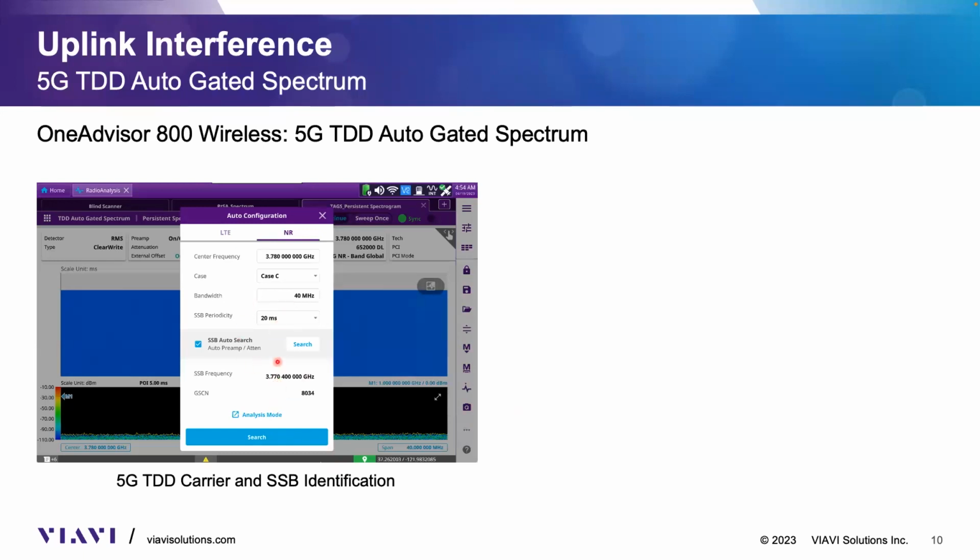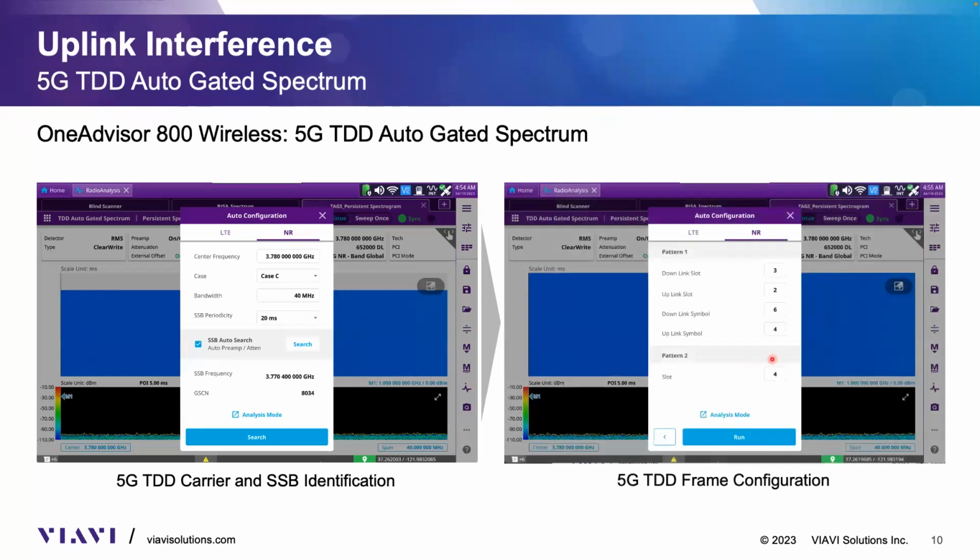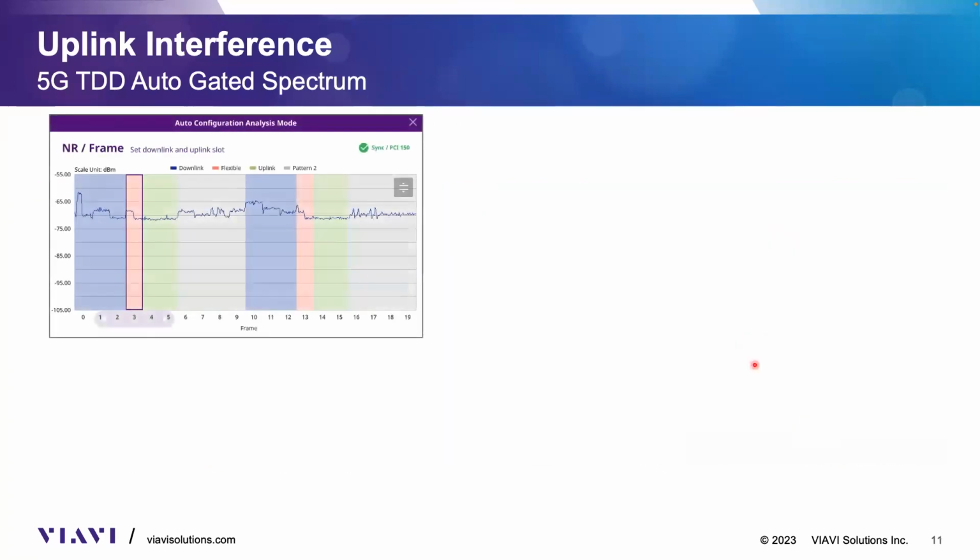We find a 5G TDD carrier, we find the SSB or the beam that is being transmitted out. From this beam, the SSB block, we're going to be able to get the downlink control information. That DCI is going to give us a frame format. So the frame format here on the right-hand side, we see the downlink and the uplink slots and symbols.